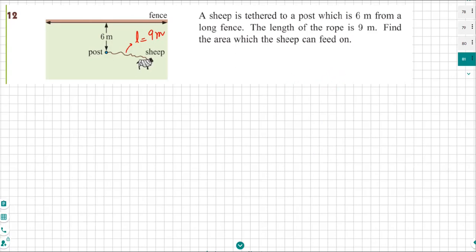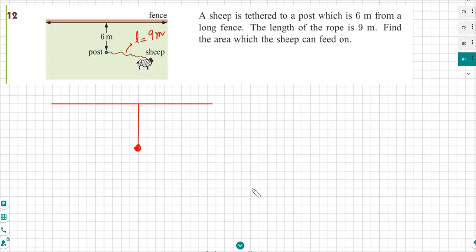So let's make this diagram first. This is the fence, right? And from this, it's 6 meters to the post. So this is the post, and the sheep is attached with a string, obviously.